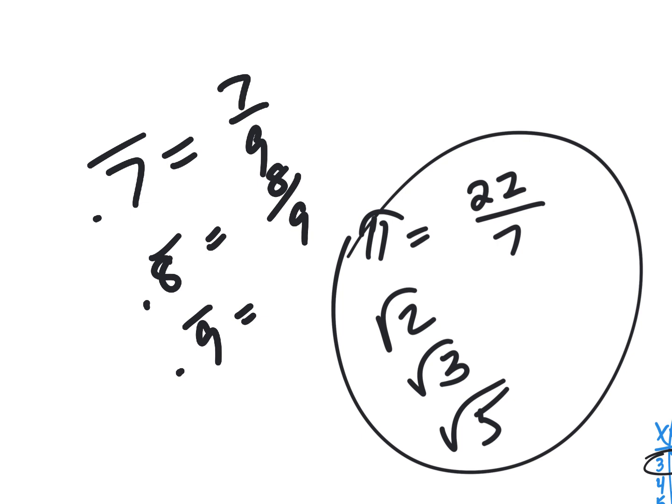0.9 repeating is a repeating decimal. Repeating decimals have to be able to be rational numbers. And rational numbers can be written as a fraction. 0.9 repeating equals 1. It's not just really close to 1. It is 1.